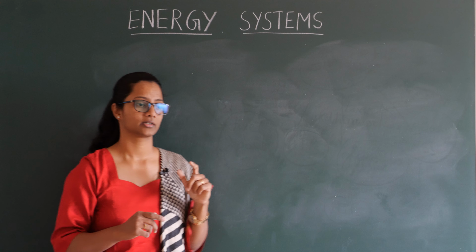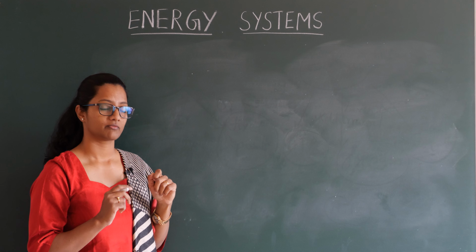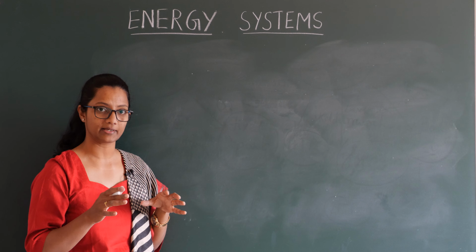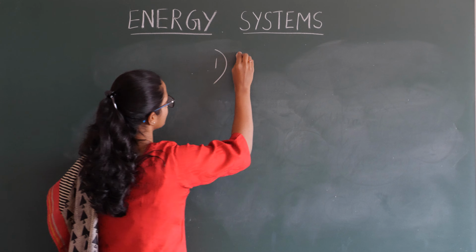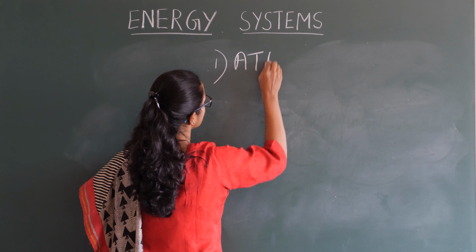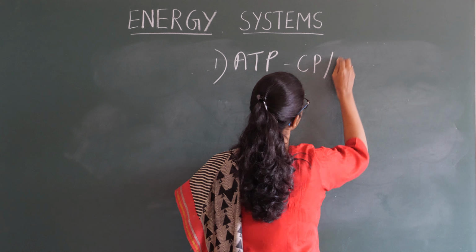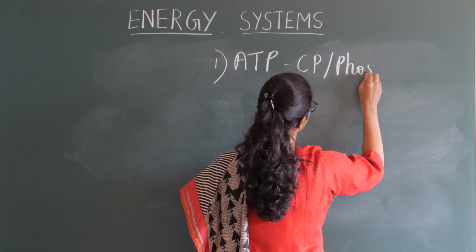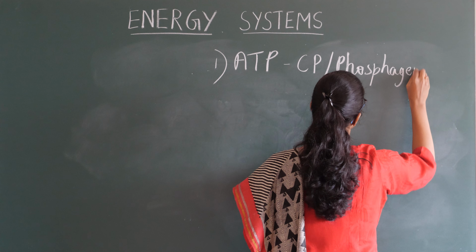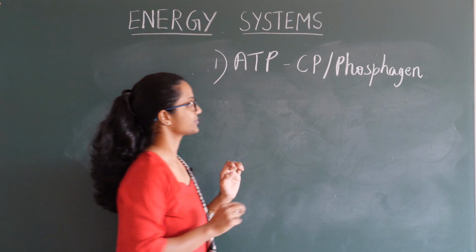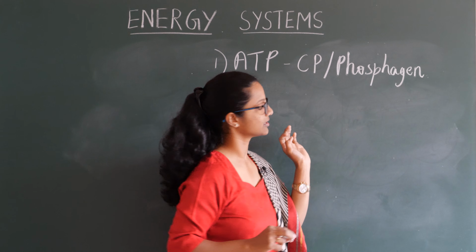Now here the body uses energy which can be prepared very quickly, and that is through the ATP-CP or the phosphagen cycle, the ATP-CP or the phosphagen cycle.